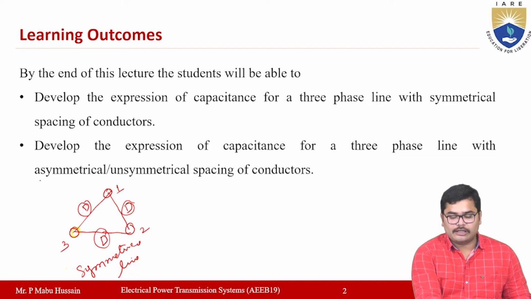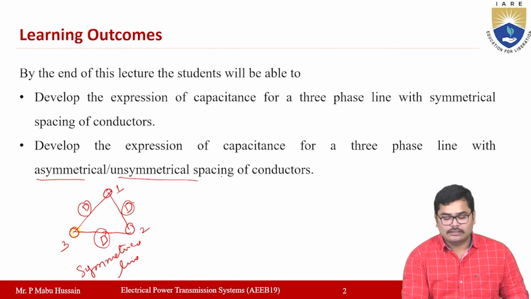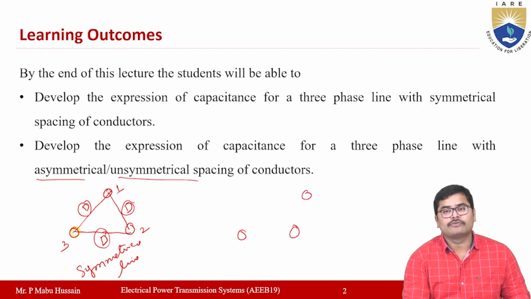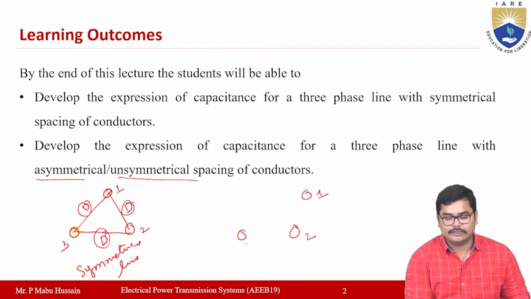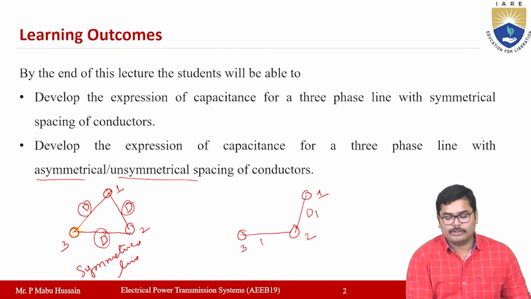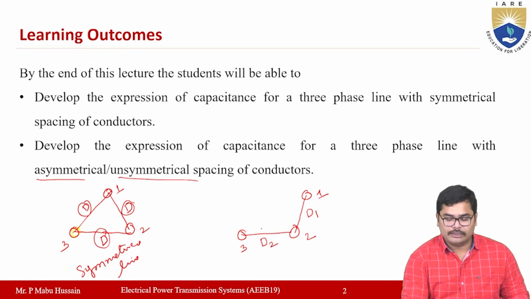Now asymmetrical or unsymmetrical transmission line in the sense, the distance between any two phases, if you observe, may not be the same. So if you take again three conductors, 1, 2, 3, here the distance between 1 and 2 may be represented with D1, between 2 and 3, you can represent with D2, between 3 and 1, you can represent with D3.